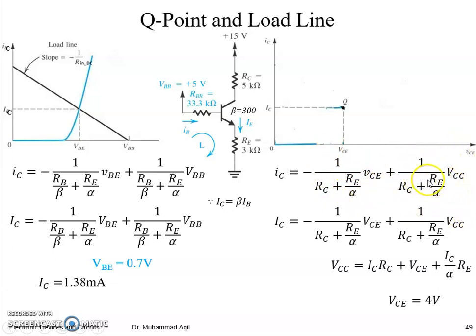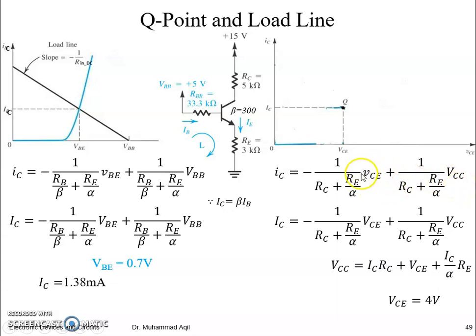So to find the locus of the points along this loop that the Q point can move, we find the extreme points of this line, the y-intercept and the x-intercept. If we put IC equal to 0, we will have VCE equal to VCC.